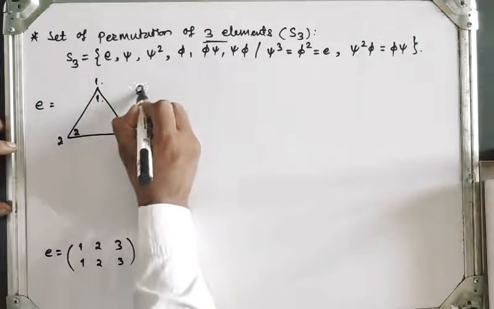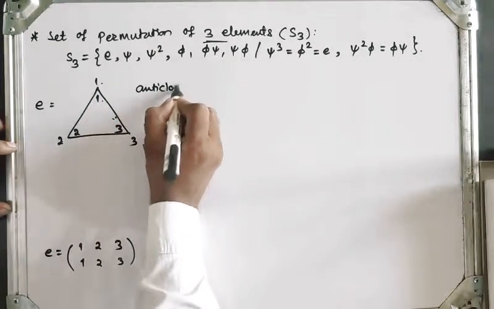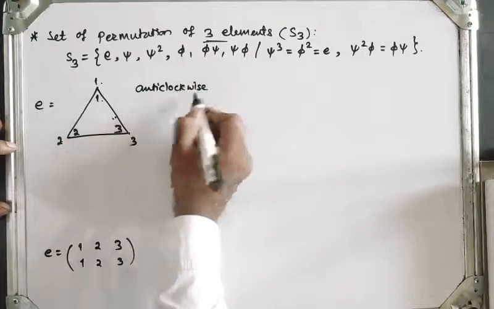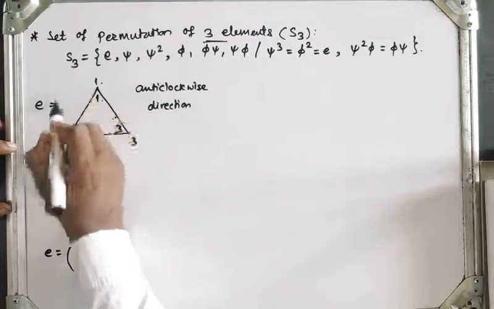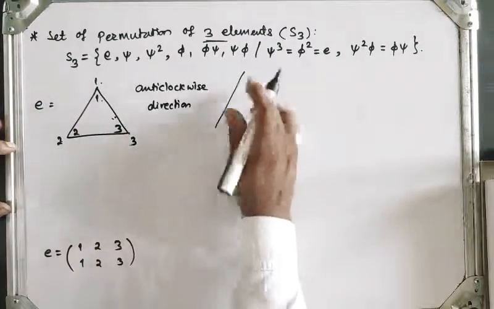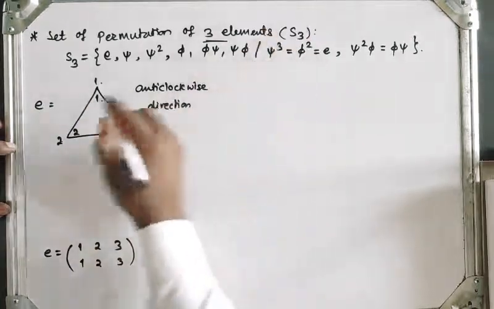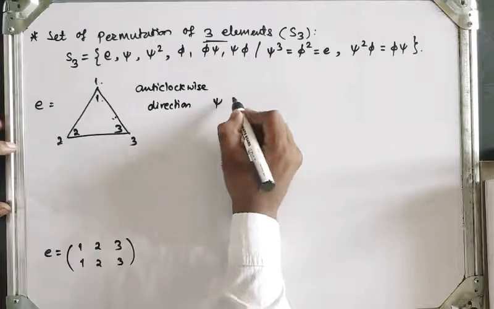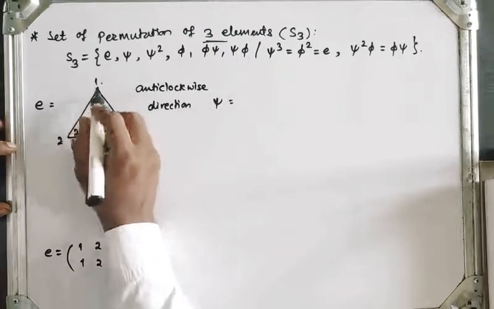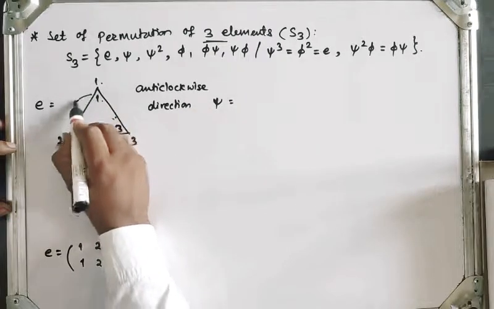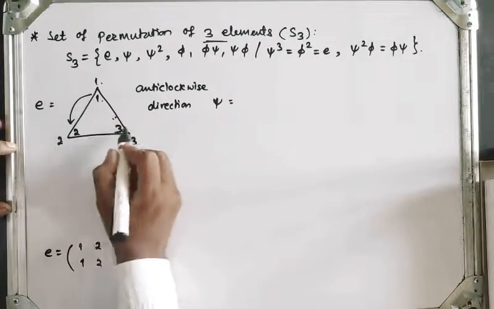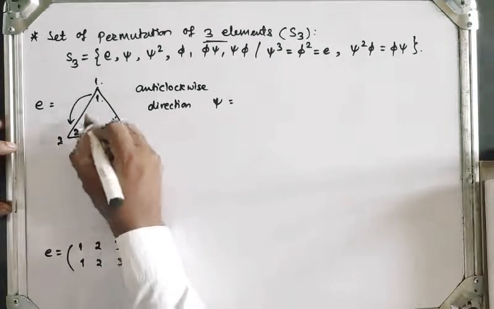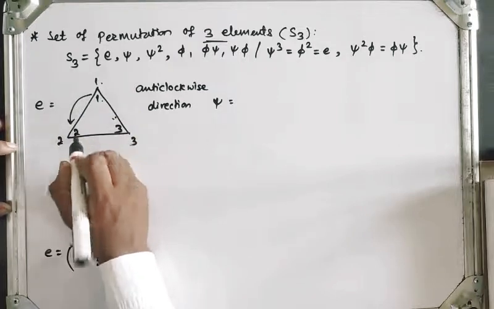After rotating in the anti-clockwise direction, what will I get? I will name this psi. 1 goes to 2, 2 goes to 3 and 3 goes to 1, meaning 2 will be replaced by 1, 3 replaced by 2.